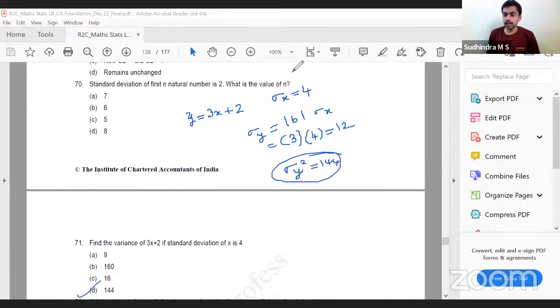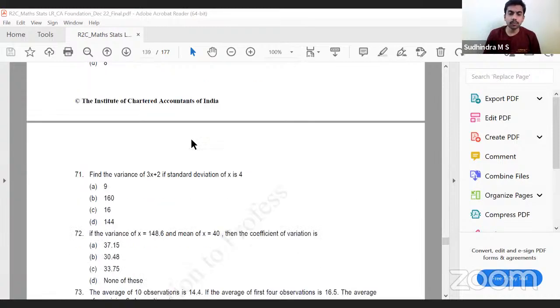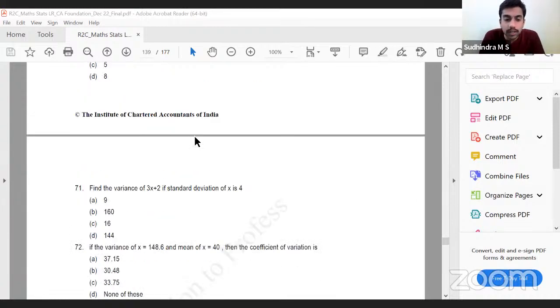That was 71. Next question 72. If variance of x is 148.6, mean is 40, find the coefficient of variation. 30.48. Very good.